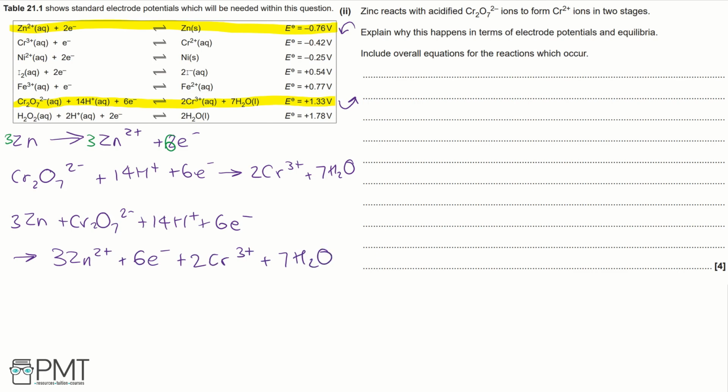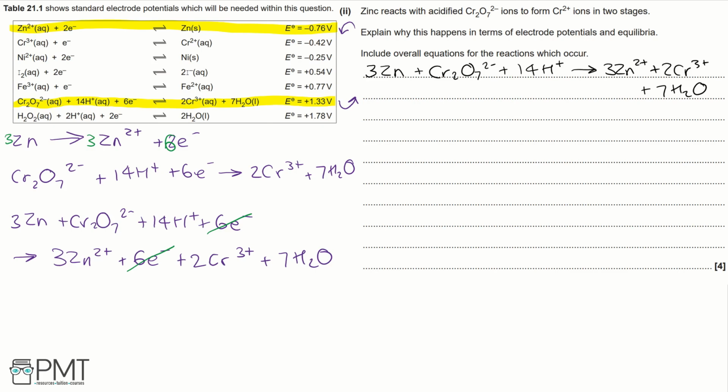We can then cancel out the electrons from both sides of the equation, which makes our overall equation for stage 1: 3Zn plus Cr2O7 2- plus 14H+ goes to 3Zn2+ plus 2Cr3+ plus 7 H2O.